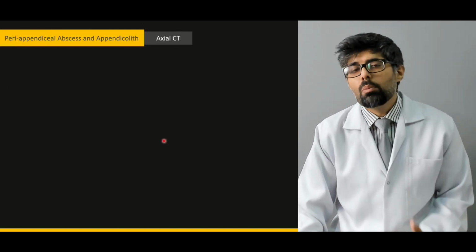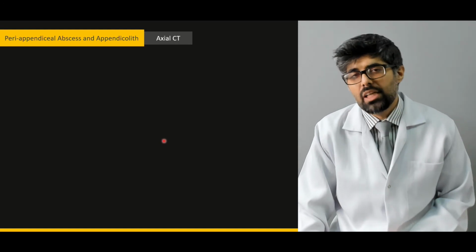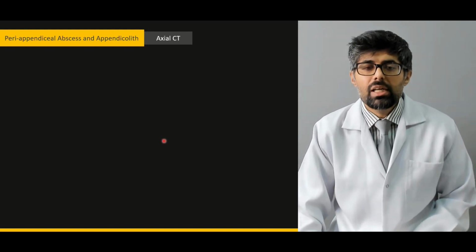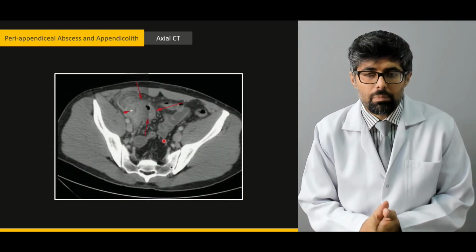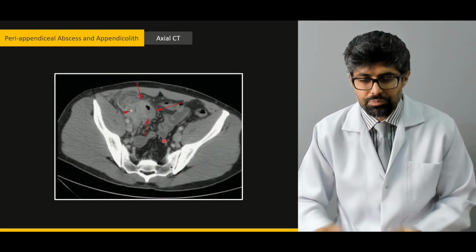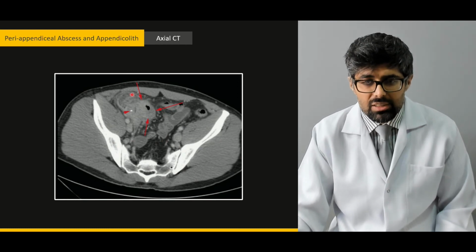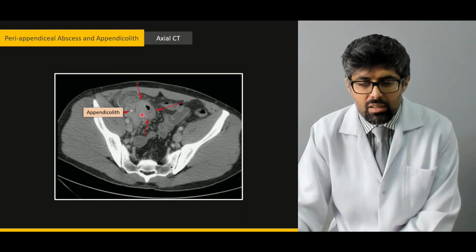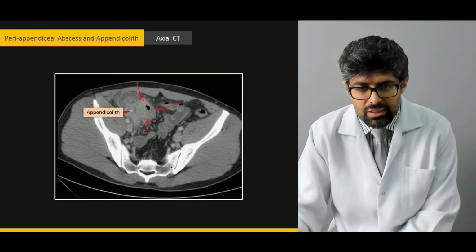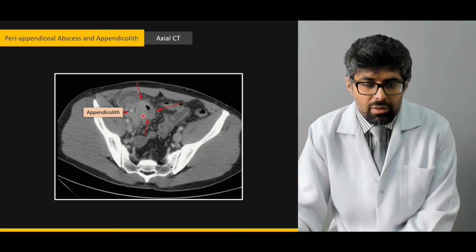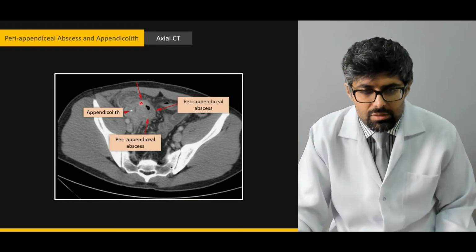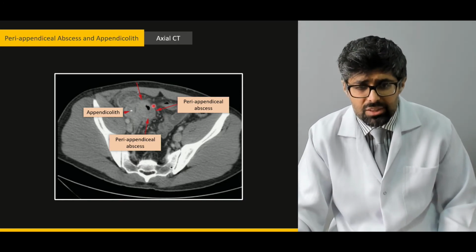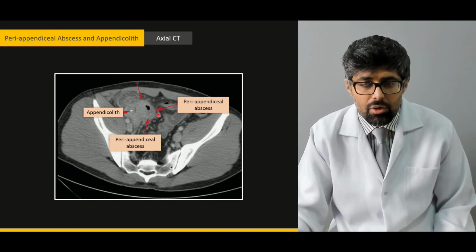Now, one of the complications of acute appendicitis, if not removed through surgery, is a periappendiceal abscess. In this axial CT, we can see the appendix. This is an appendicolith. This is the appendix, and not only has it thickened in its lumen, there is also presence of abscess around it.